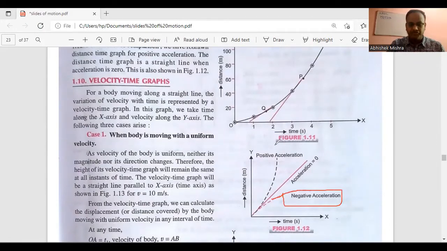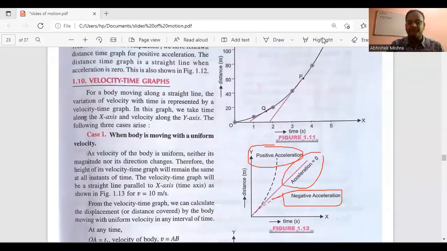For positive acceleration, the curved line goes up, and when the acceleration is 0, that means the body is moving uniformly. It is a straight line. It is a curved line for the positive acceleration, and the slope bends downward for the negative acceleration.